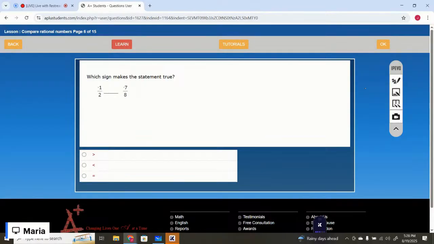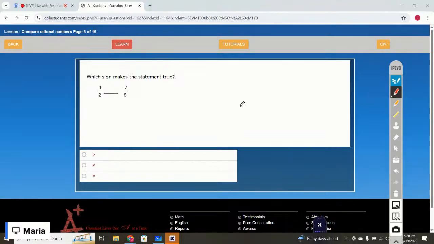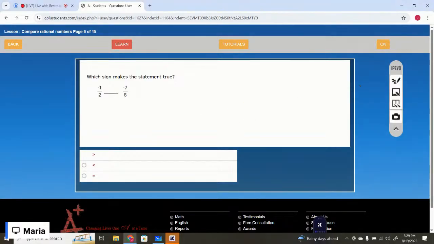Negative 1 by 2 and negative 7 over 8. Let's just make the denominator the same, right? Then that would be negative 4 over 8. So negative 4 over 8 is greater than negative 7 over 8.